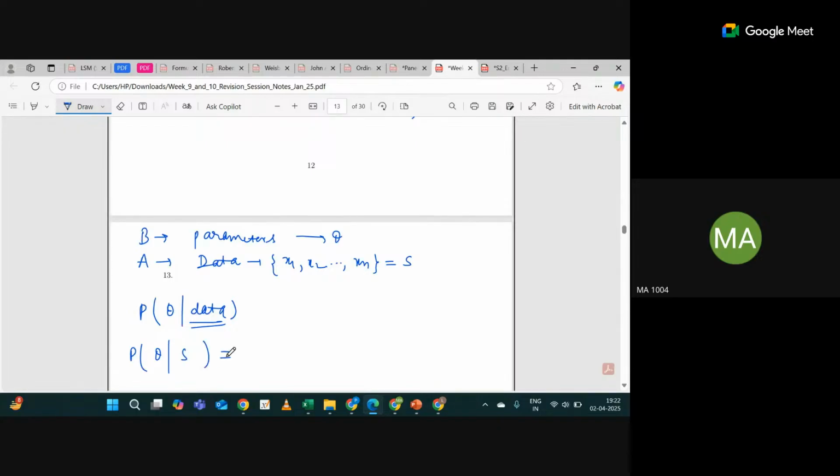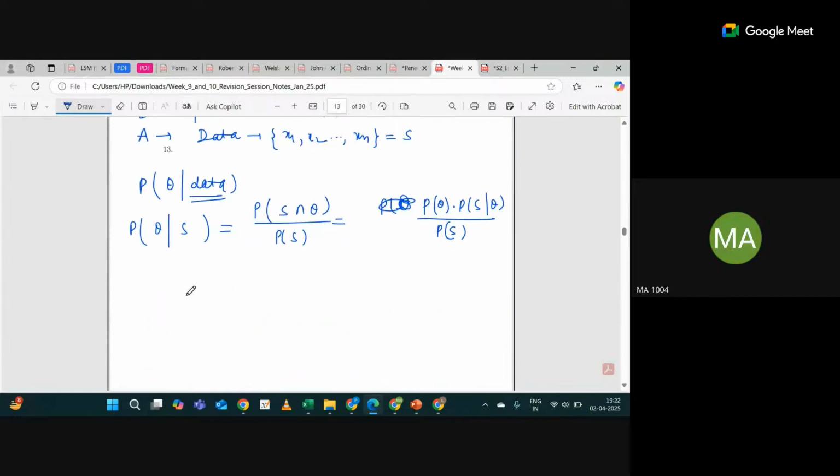Yes, correct. So I can write probability of S intersection theta divided by probability of S, and this will be probability of theta times probability of S given theta, divided by probability of S. You can also observe one more thing here.